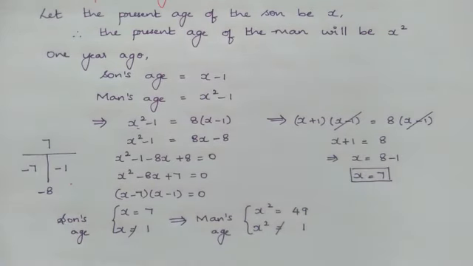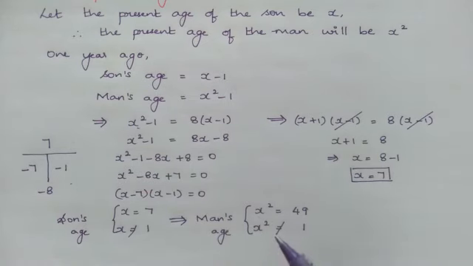So, you people are able to understand now. If we use the quadratic equation method, we get two values for the son's age, and both the numbers are positive. So what do we understand? Since both the numbers are positive, we apply both to identify the man's age.